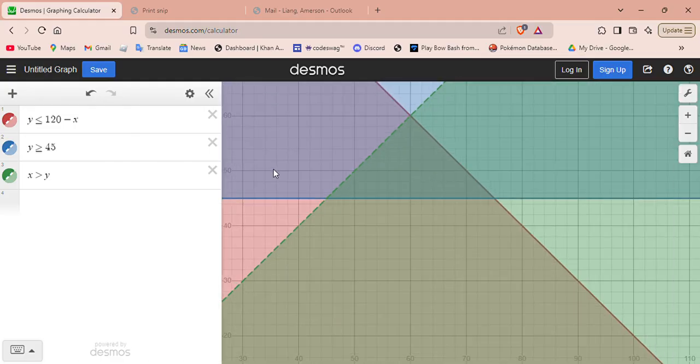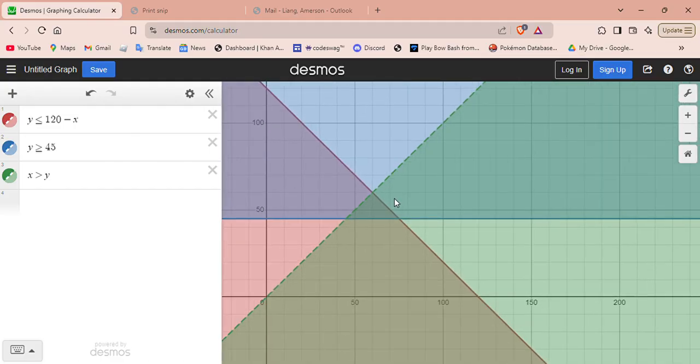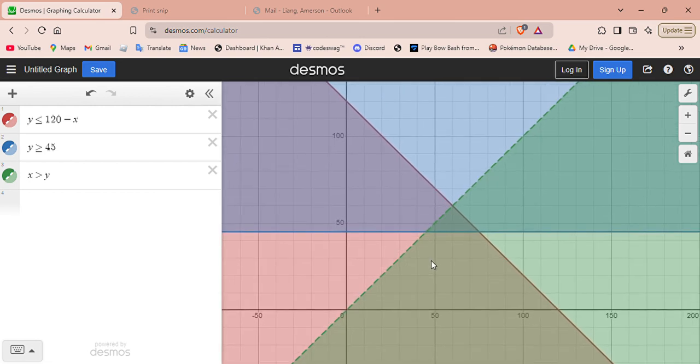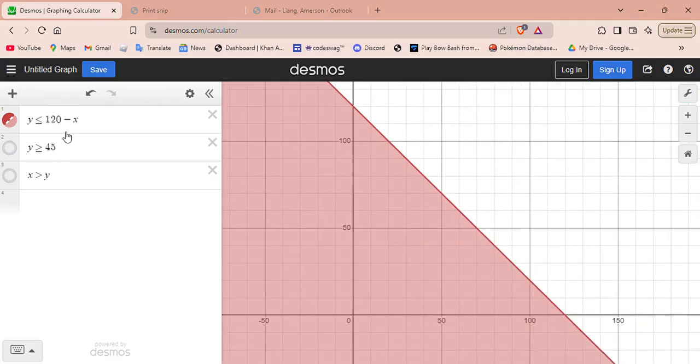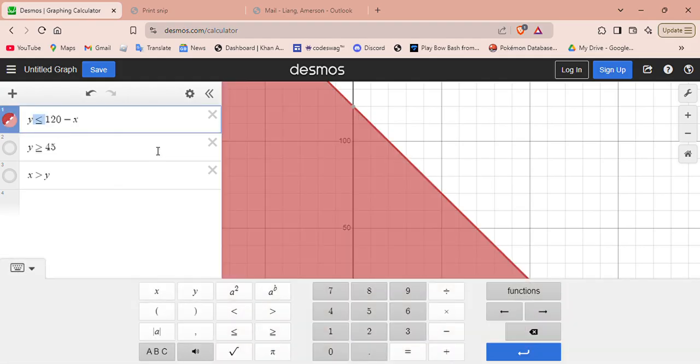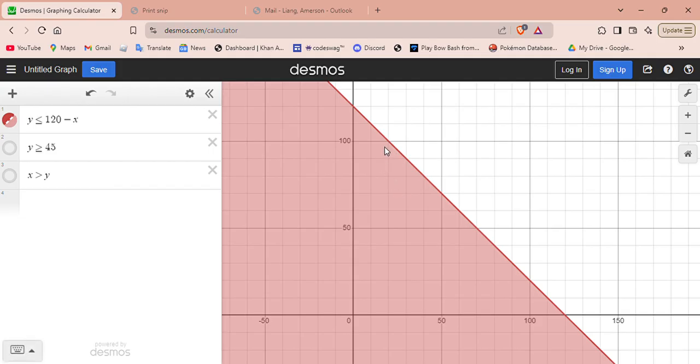This is the same graph, except more accurately displayed because it's on a computer. To highlight how this works, we have the line y equals 120 minus x, and because it's an inequality, it's shaded downward.